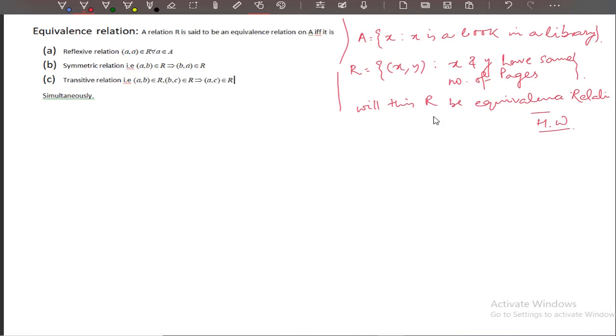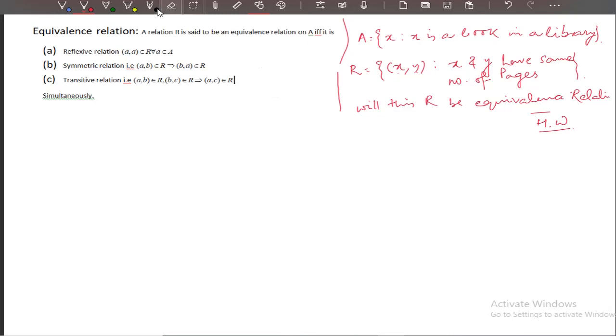I am quickly saying it. (x, x) will be related because x and x will have the same number of pages. If x and y are related, then x and y have the same number of pages, so y and x will also, and similarly you can prove the transitivity. So that will be an equivalence relation, but you have to do it in your copy and submit it.